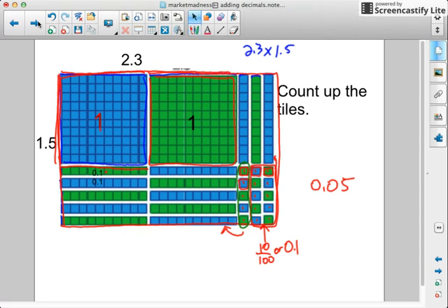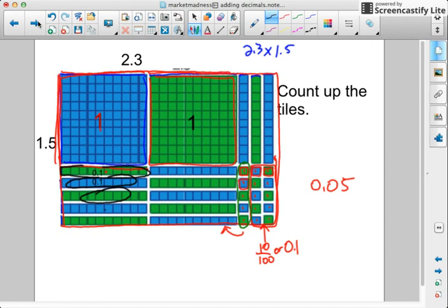Now I'm going to add up my tenths. So here I have 1, 2, 3, 4, 5, 6, 7, 8, 9, 10, 11, 12, 13, and remember this one was 14. So I have 14 tenths. If I were to regroup these, 10 of these tenths would create 1 whole.